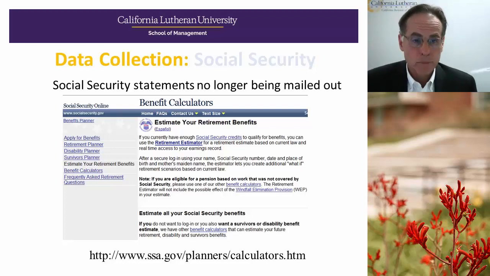Now, a question that you may want to discuss in your forum is the viability of the system, and what does that mean to future PIAs. Some people are saying that the system is going to collapse, there'll be nothing there, but realistically, I think we need to think about there's some risk. This is a pay-as-you-go system.